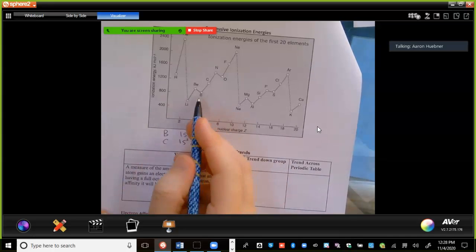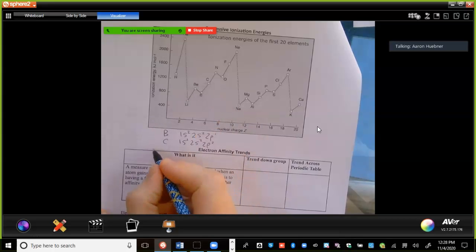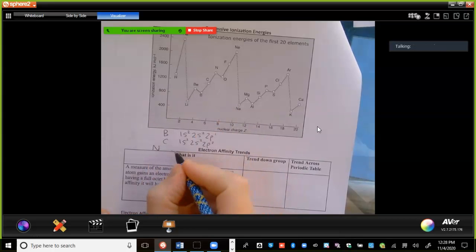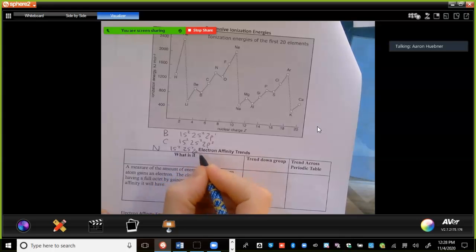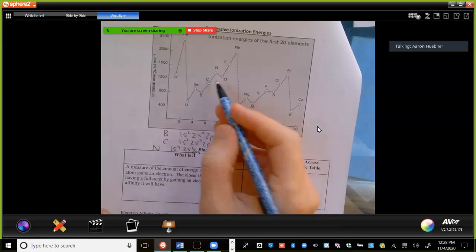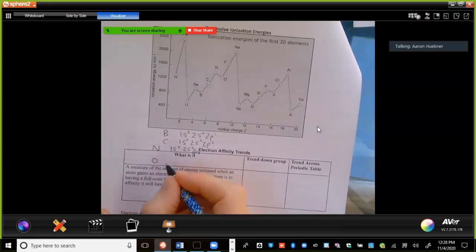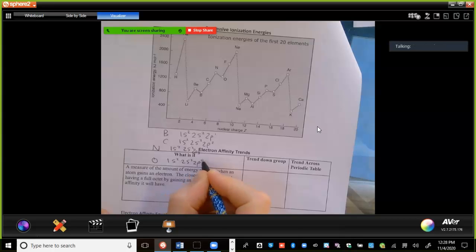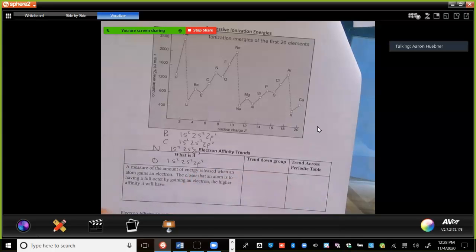That's carbon, and then nitrogen: 1s2, 2s2, 2p3. Then we'll go on to oxygen: 1s2, 2s2, 2p4.